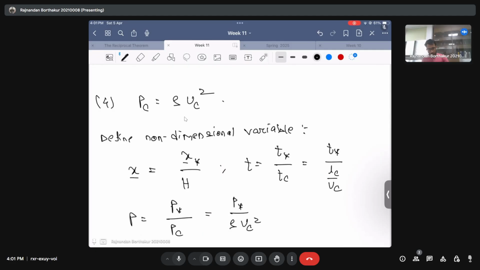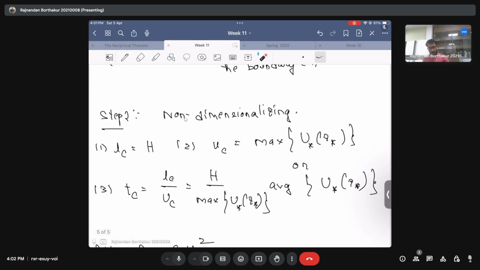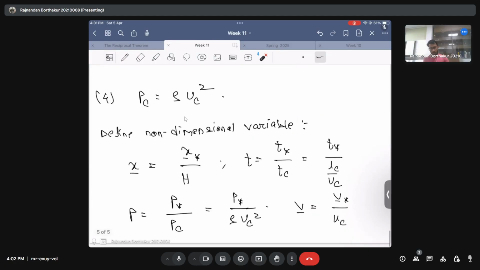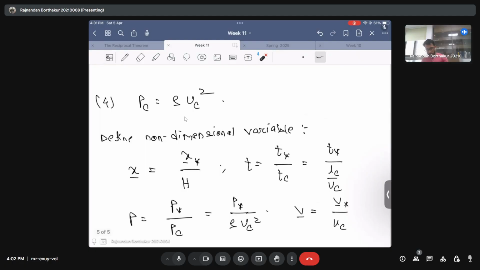Of course, we can also define my non-dimensional velocity as my dimensional velocity v star by uc, where uc is either the max of the base flow or the average of the base flow. So that's it. These are the non-dimensional variables that we have defined using the chosen characteristic scales.